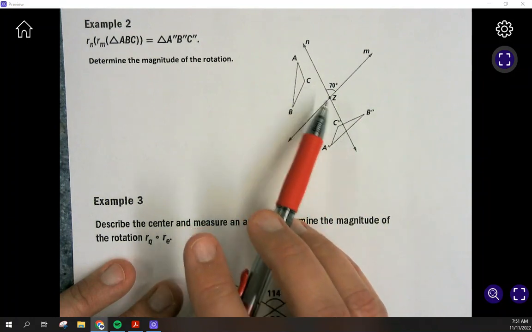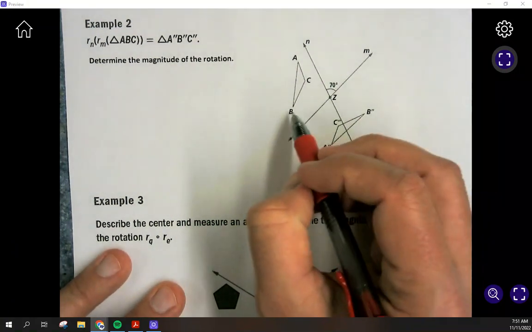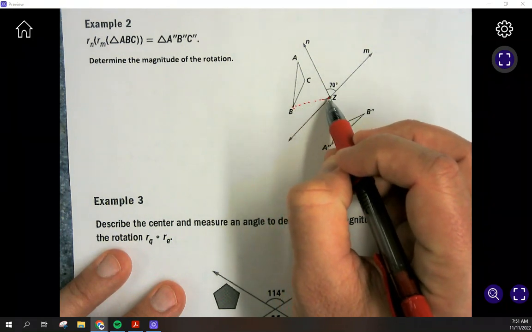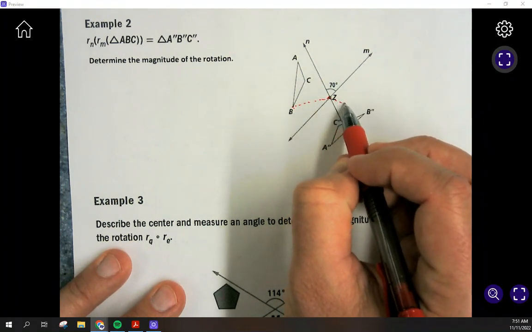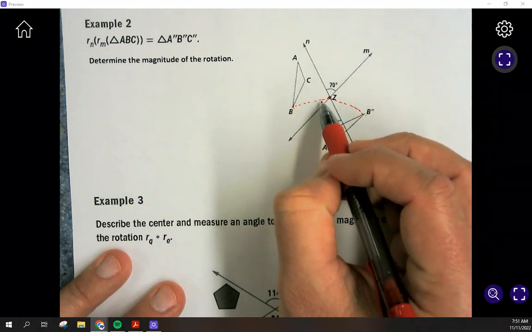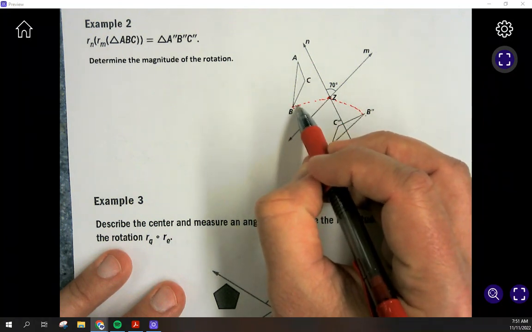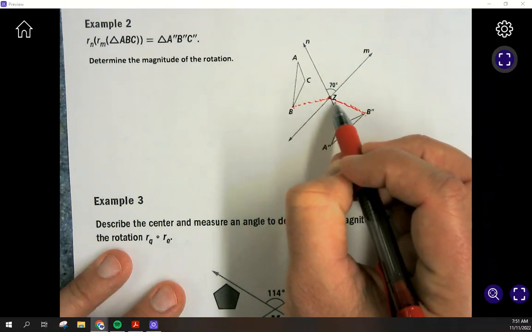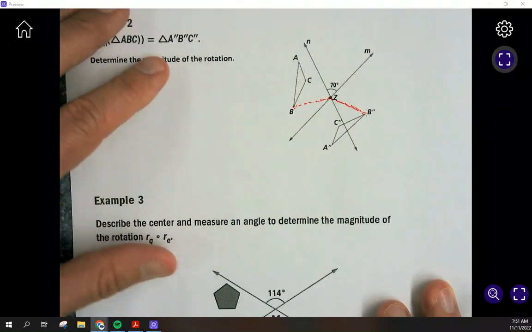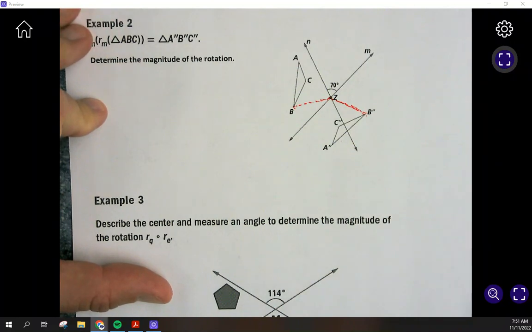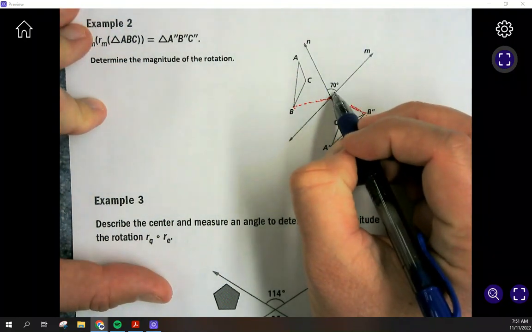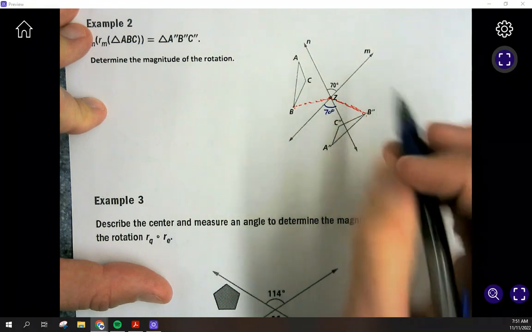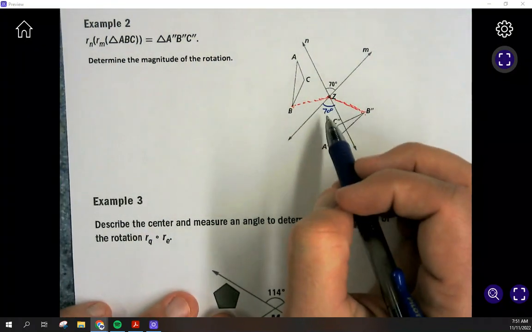All right, so if I went from the center Z and connected to B, and then connected to the image of B, I'm trying to figure out the degree measure of that. That looks like a pretty big angle, right? So that's more than 90 degrees. Since this 70 degrees here is vertical to this 70 degrees here, I know that they are equal because of those vertical angles.